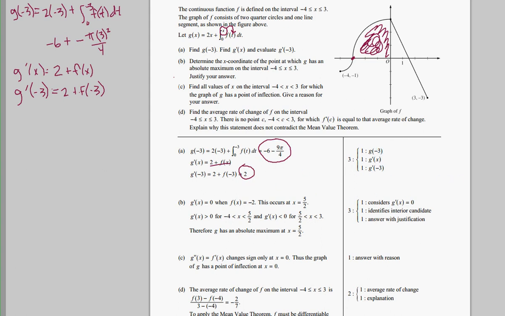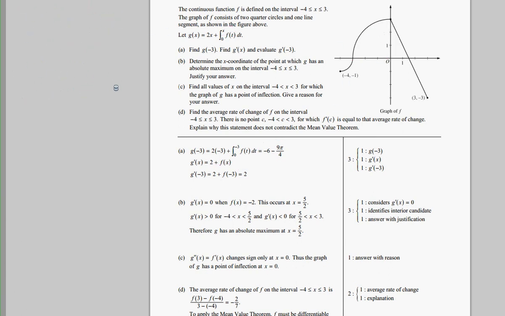Part B says, determine the x-coordinate of the point where g has an absolute max. Absolute max and mins are where the derivative is equal to 0, so we need to take g's derivative, which is 2 plus f of x, and set that equal to 0.